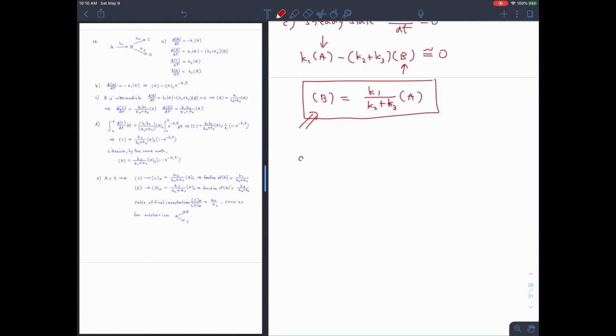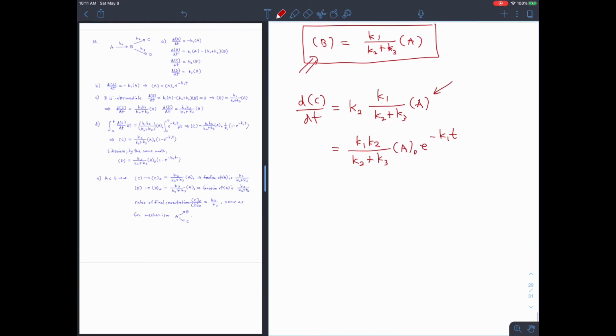So to do that, dC/dt is equal to K2 times B, which is now K1 over K2 plus K3 times A. But A we have solved for before, so this is K1 K2 over K2 plus K3 times A0 e to the minus K1t.